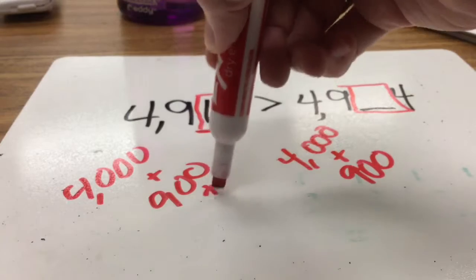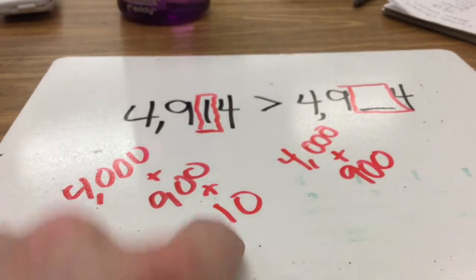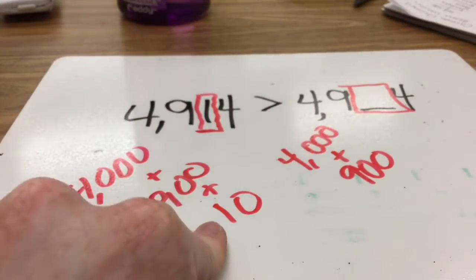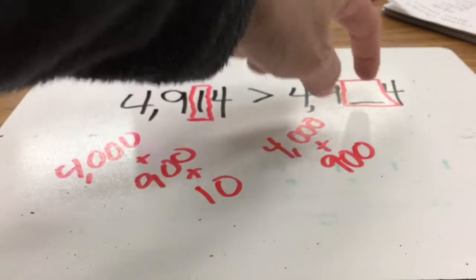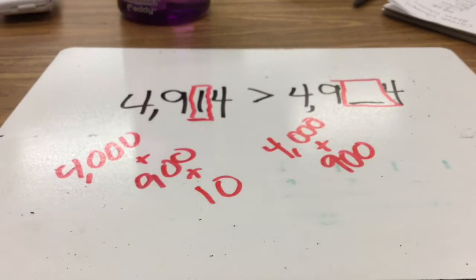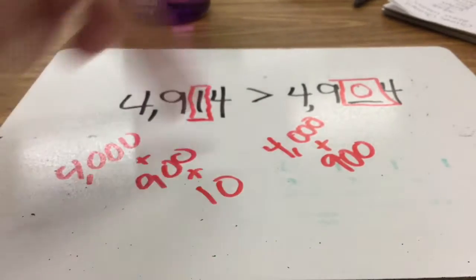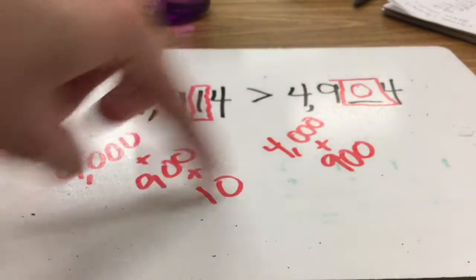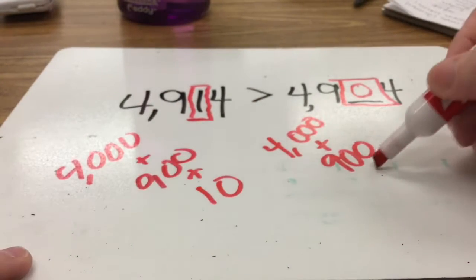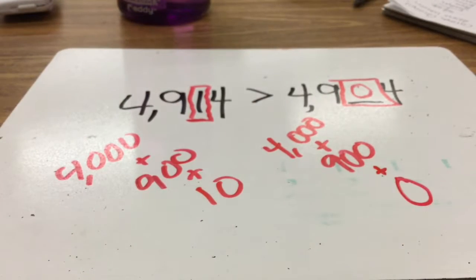So I know that this 1, which is the 10, has to be bigger than whatever's over here. So the only thing that 10 is bigger than is 0. So 0 is the number that should go on the line. 10 is greater than 0, so we are good to go.